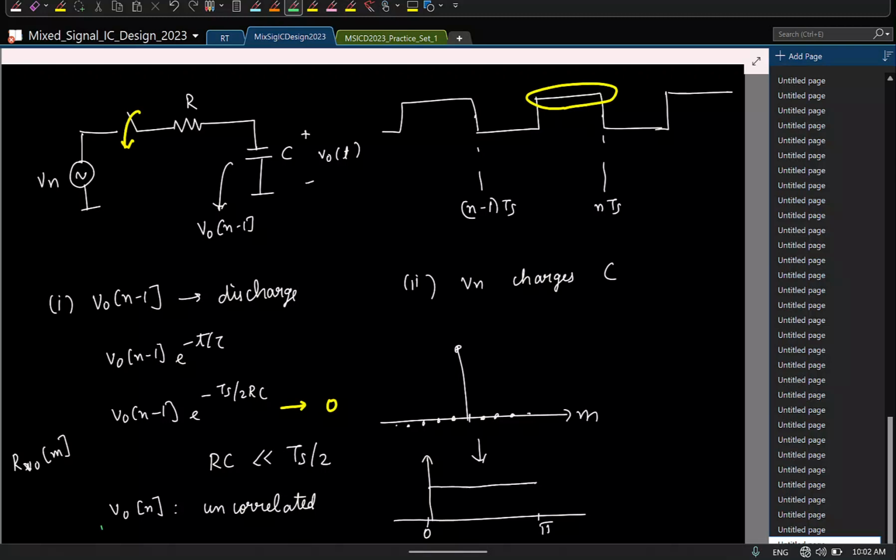If this condition is satisfied, that is, the RC time constant is much smaller than the time period for which the switch is on, the effect of previous noise samples will completely discharge to 0. So you'll end up with a white noise sequence. But remember, there are two things you have to keep in mind.